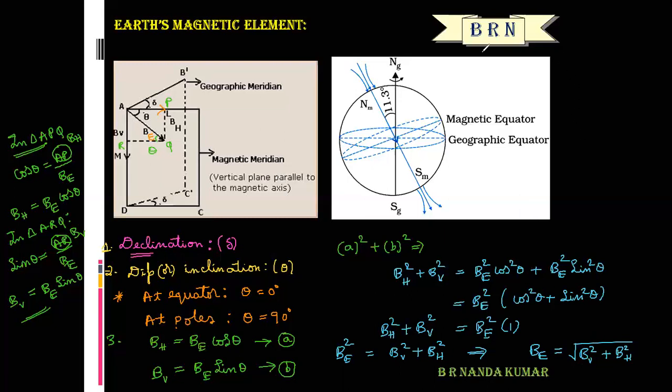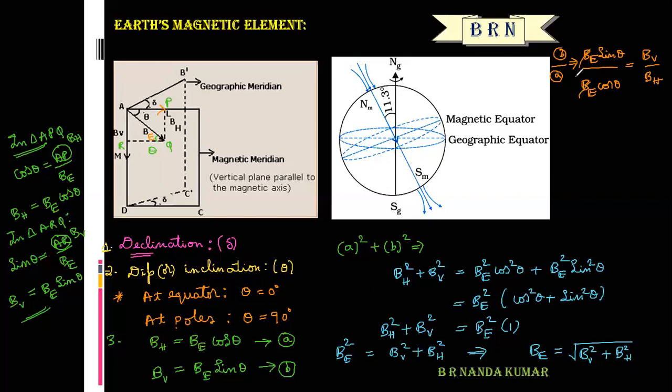Now equation B divided by equation A. So equation B divided by equation A is BE sine theta divided by BE cos theta, that is equal to BV divided by BH.